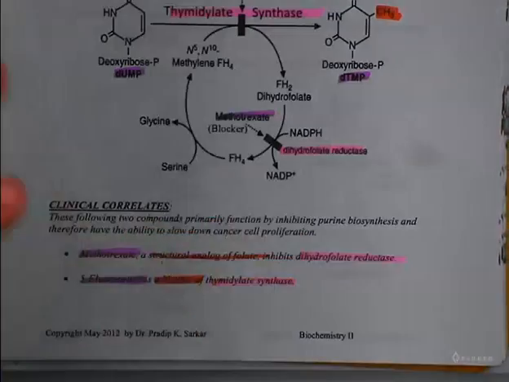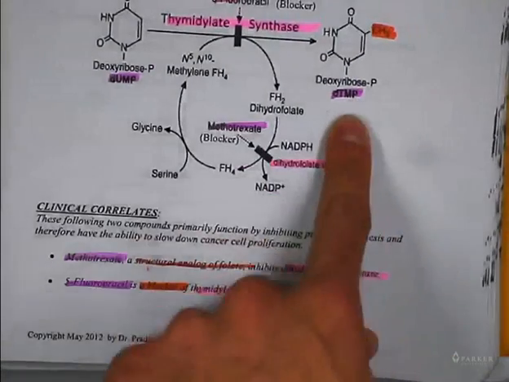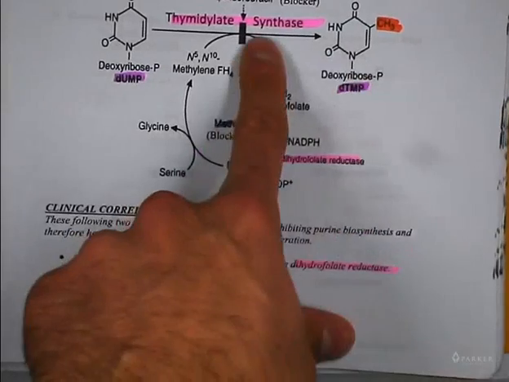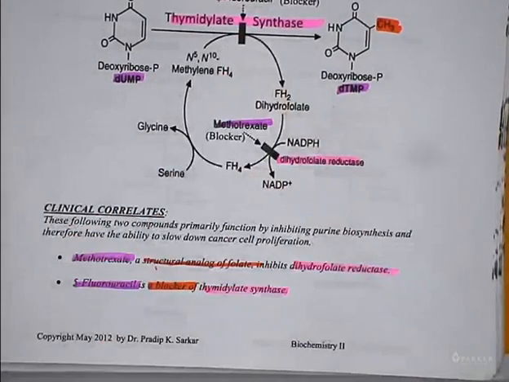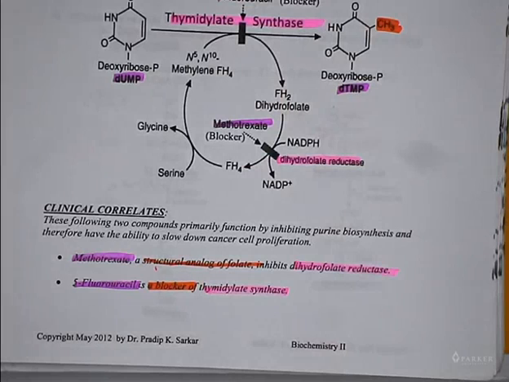So folate, important for DNA synthesis, forms the T base through thymidylate synthase, which can be shut down by 5-fluorouracil. Or we can be unable to make the active form of folate because dihydrofolate reductase is being competed with by methotrexate. Questions? Good news is this is the most complicated one in this chapter.